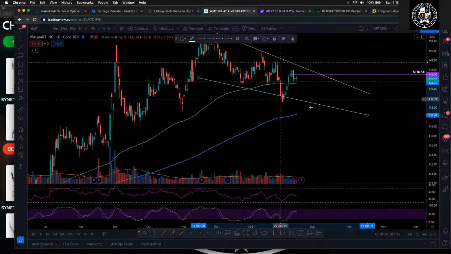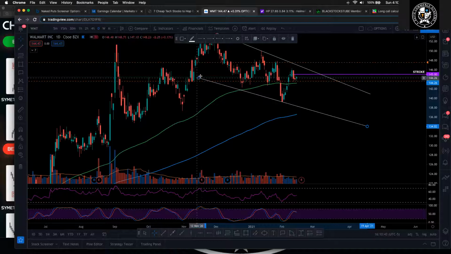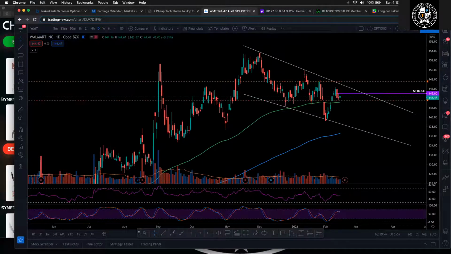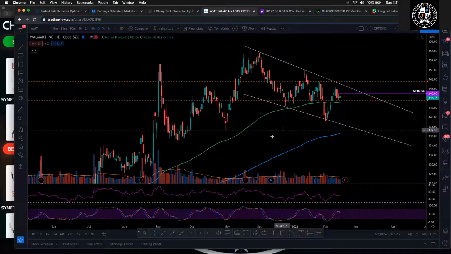Here's a low point here and another low point here. So you could say that that's more accurate than where I had it. That's still valid. That could be a pennant or a flag. Either way, it's bullish. So it came from the bottom, it's consolidating in a different direction, and then it should break out to the top.